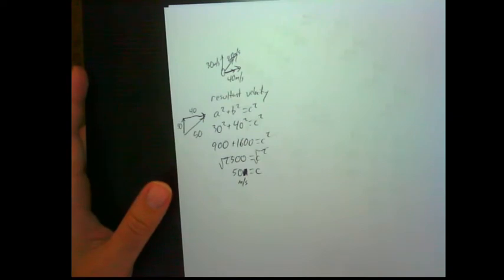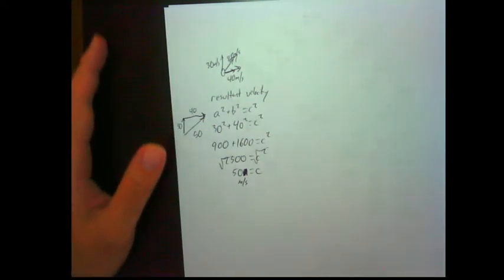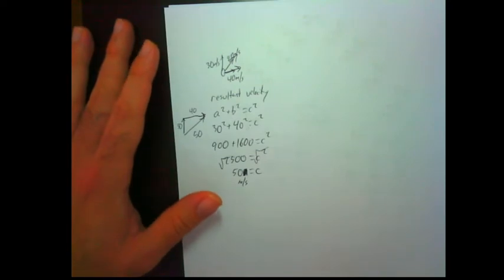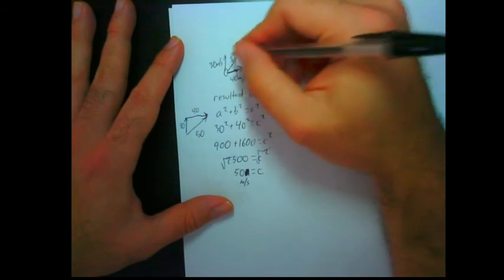Always use the Pythagorean theorem there. Technically, I'm sure you could use other trigonometric functions, but without the angle there, I'm not sure how that would work. Okay, so let's work out a couple of things. One, what is the time to apex?